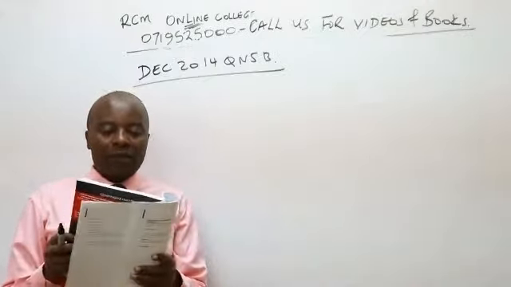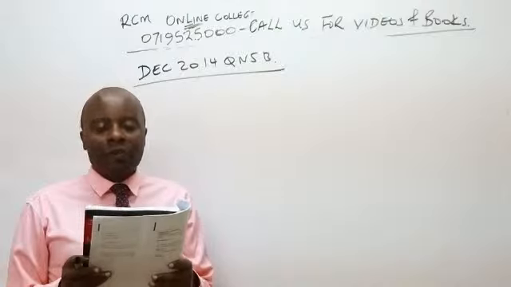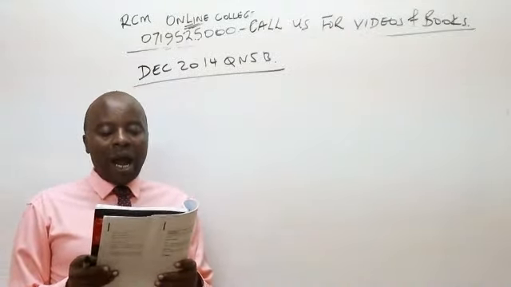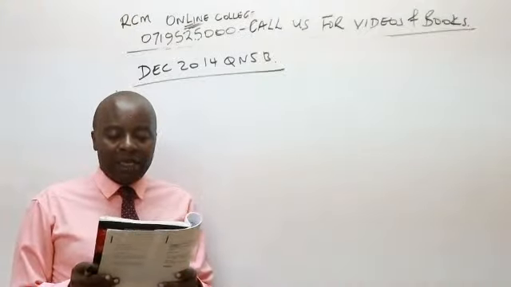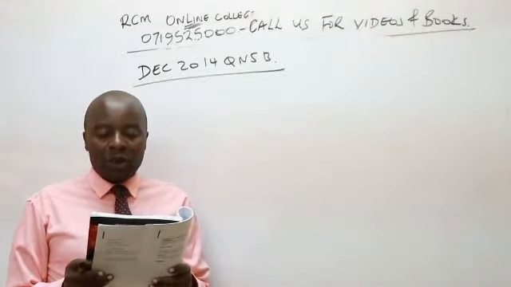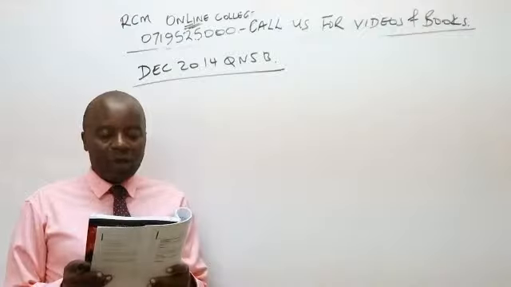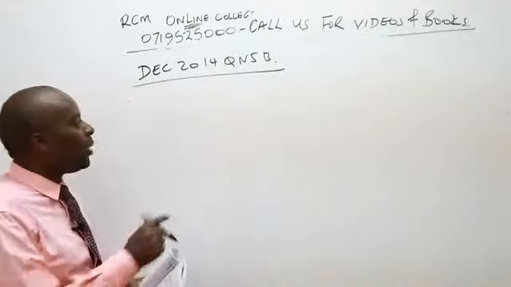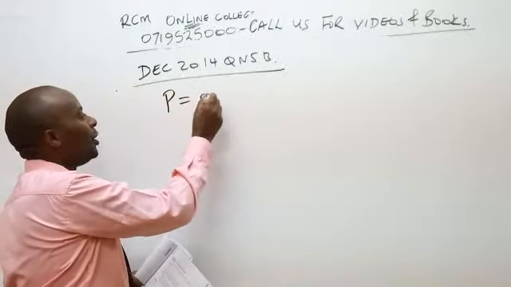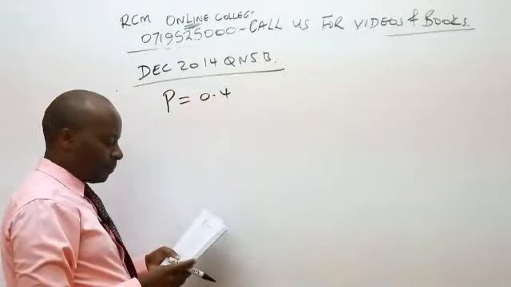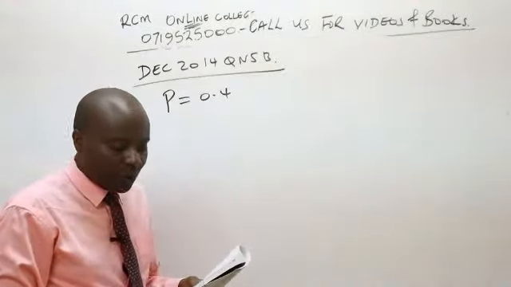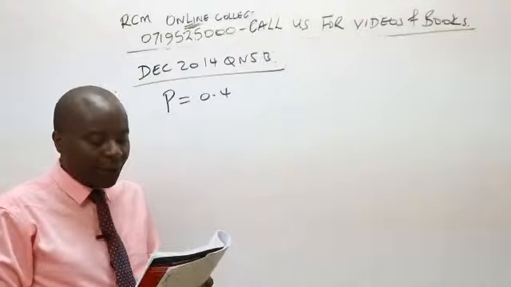We are told a survey was conducted in Pamoja village to establish the proportion of households that were affected by a certain pandemic. The results indicated that 40% of the households in the village were affected by the pandemic. So p is 0.4. A sample of 6 households was randomly selected from the village.